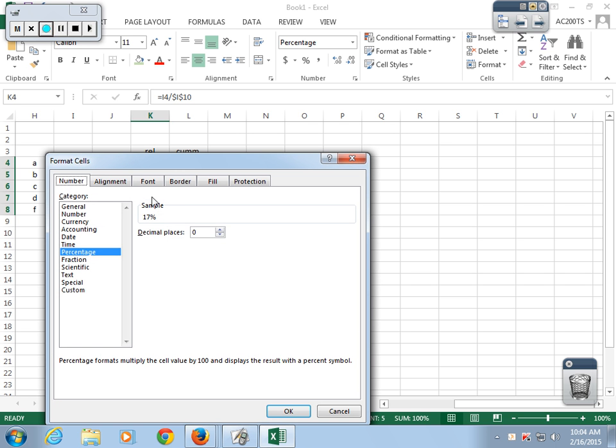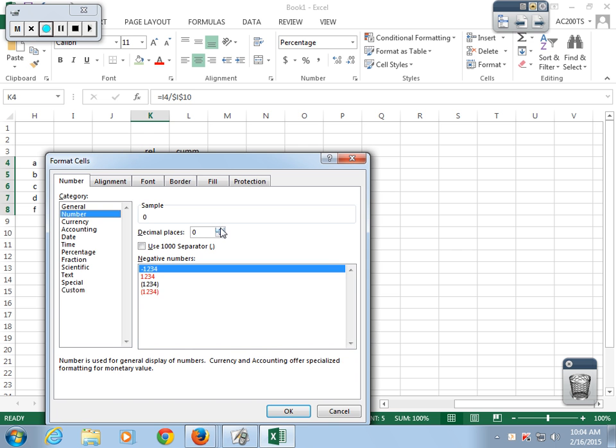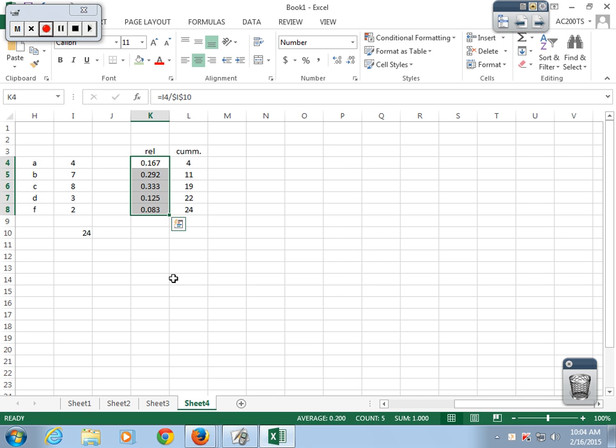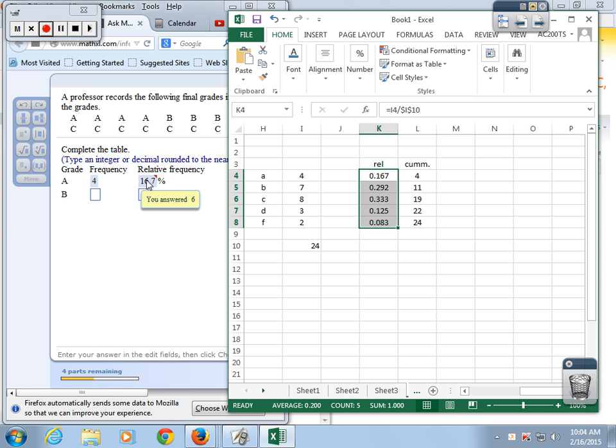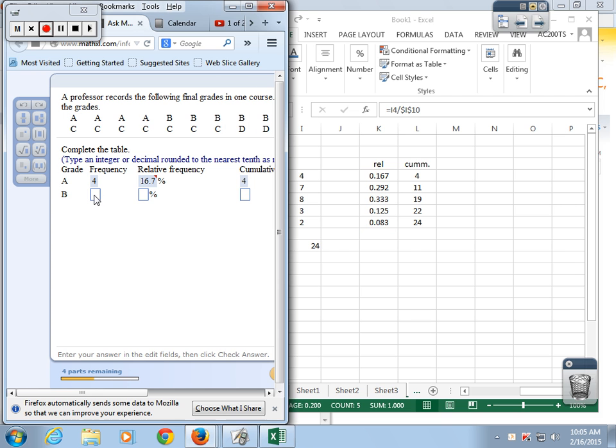Okay, format cells, number. There. All right, so that's 16.7. This is 7 and 29.2. Okay. Why isn't it working? 29.2. Cumulative is 11.